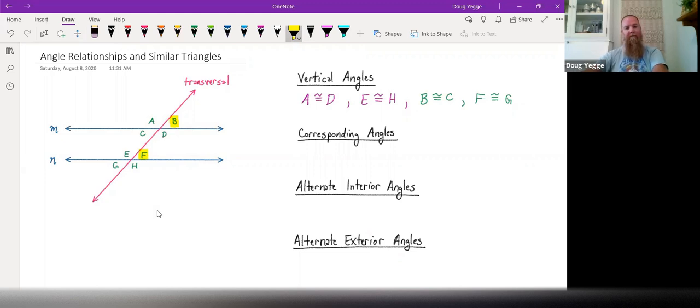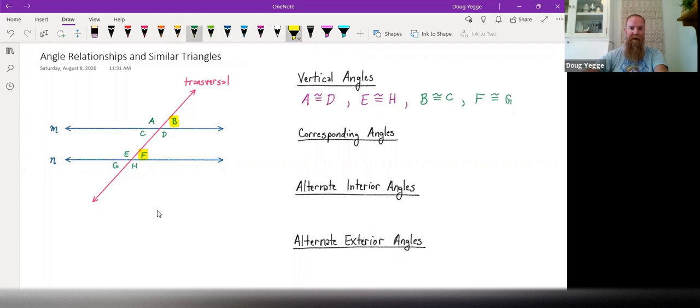So you notice how B and F are in the top right portion of the intersection of the transversal with a parallel line. Well, because M and N are two parallel lines, and the transversal is causing the angles to be the same, B and F are in fact the same angle, or the measurements are the same.